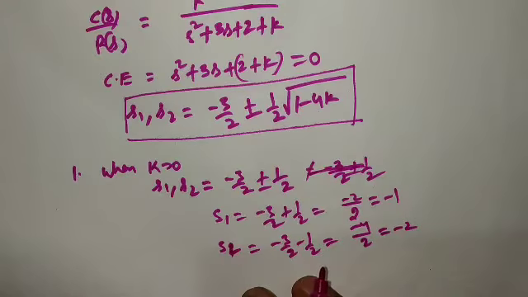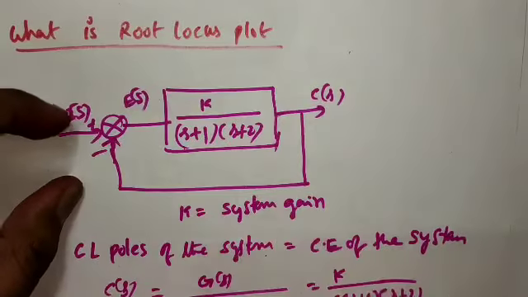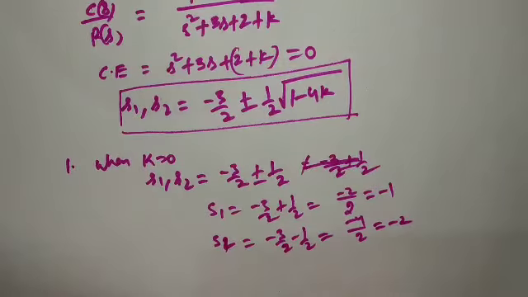You see this equation: s is equal to minus 1, s is equal to minus 2. Now I'm going to locate these poles on the s plane.